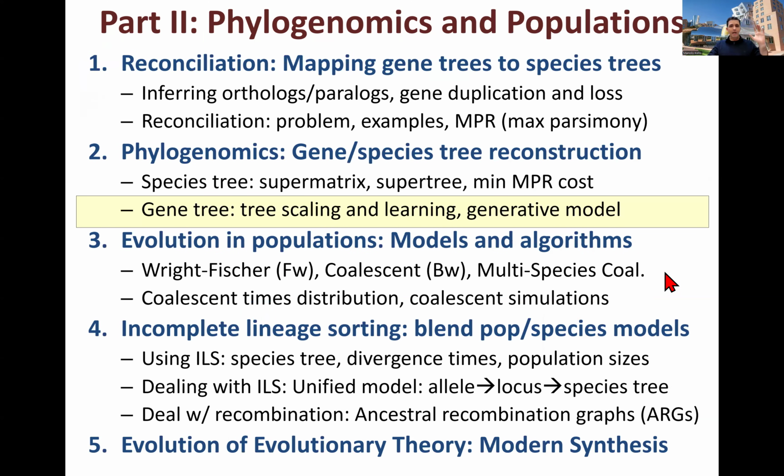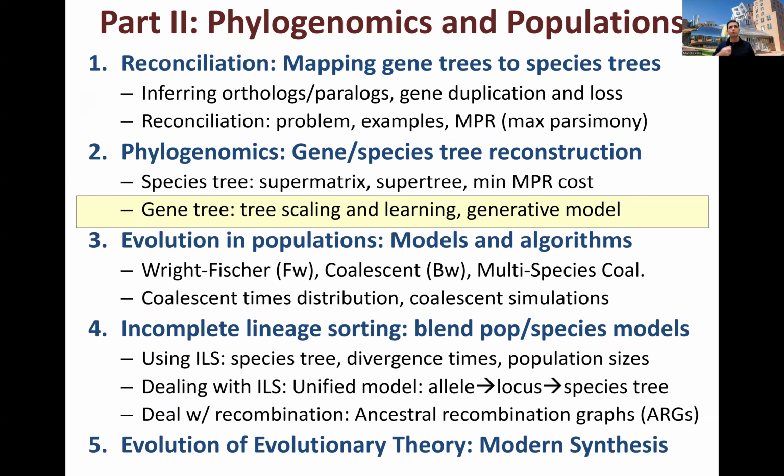All right, now we should basically realize that I can actually use this information to build better gene trees. I can use this information to now have a better model for how gene evolution happens. Remember before I was sampling topologies, I was sampling branch lengths.